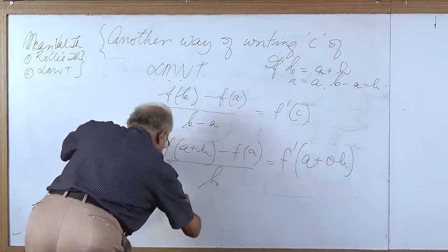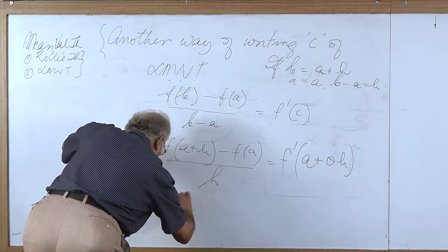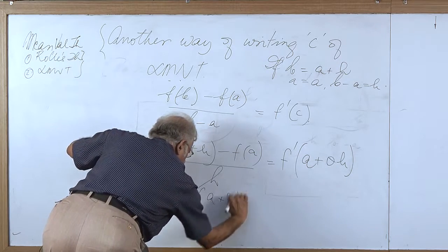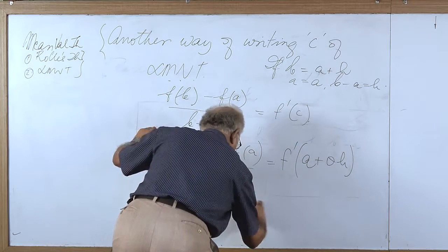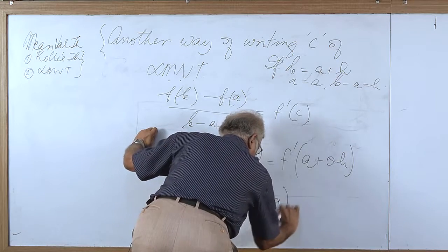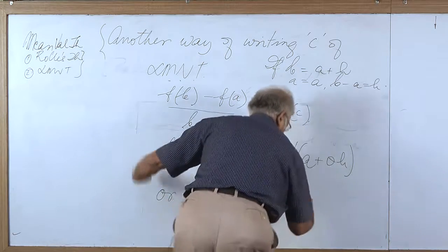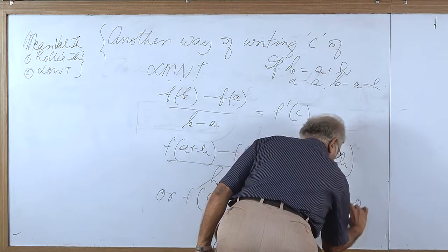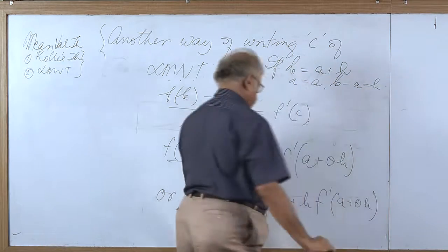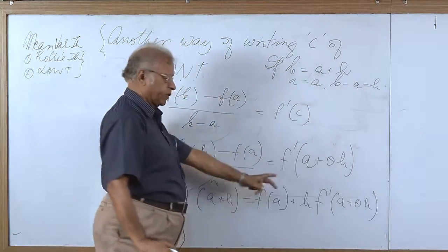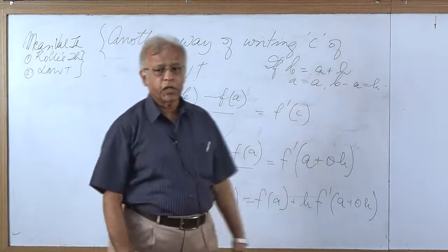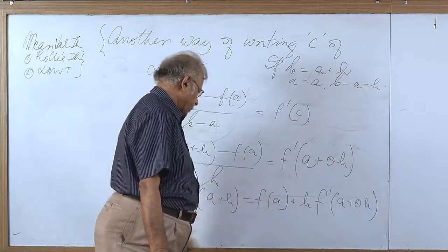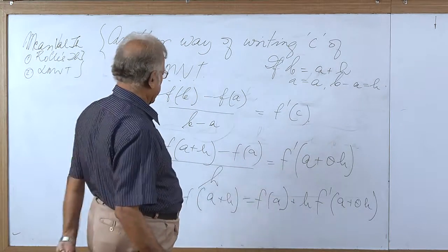So we write that, or in other words, f of (a plus h) is equal to f(a) plus h times f dashed (a plus theta h). This is another way of writing Lagrange's mean value theorem. Once we understand the basic symbols and terms, it's very easy to write down these forms in a different way.